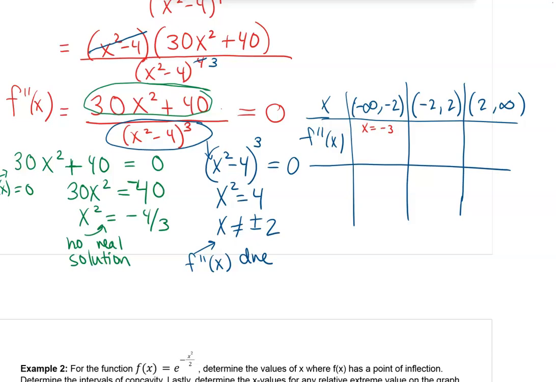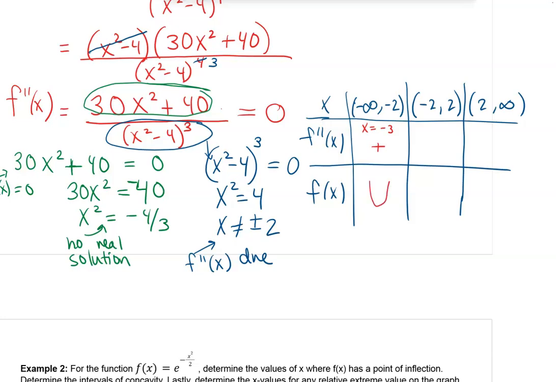If I plug in something like negative 3, my numerator is going to be positive no matter what, and then my denominator would also be positive because I'd have 9 squared minus 4, which is positive. So on that section of the x-axis, my second derivative is positive, which means my original function is concaving up.